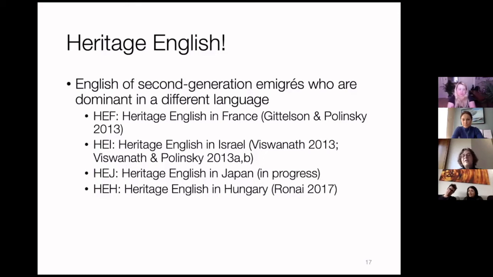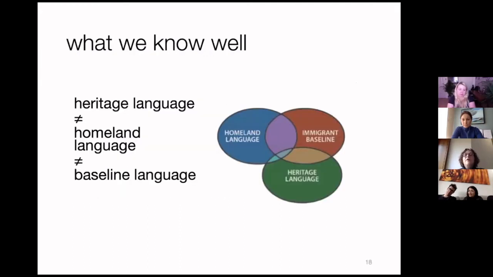So this is an example showing that no language is immune, even the strongest language of the world, that is English. So what we know quite well is that the heritage language is different from the immigrant baseline, which serves as input for heritage language learners.